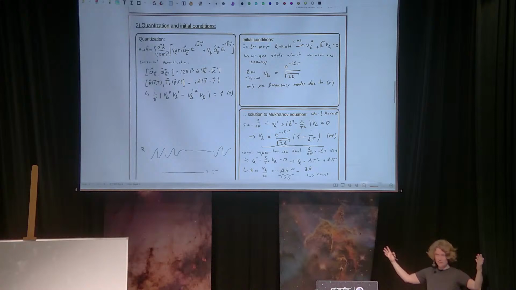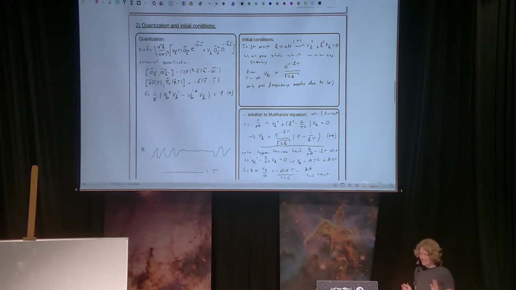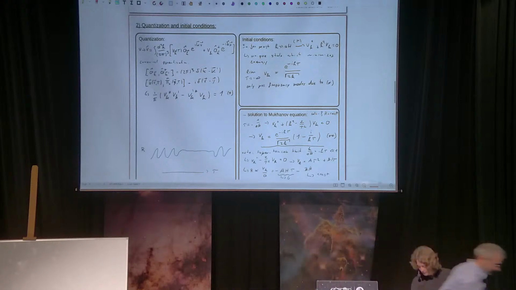So these modes just start entering and oscillating all at the same phase over the entire universe. Trying to explain that without inflation is difficult. You usually come up with constructing something which mimics inflation in some way.